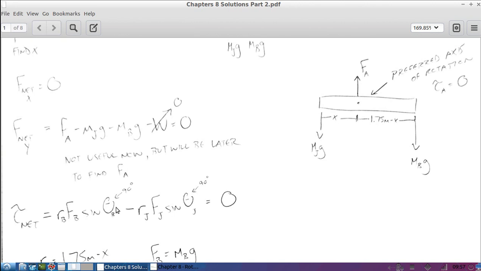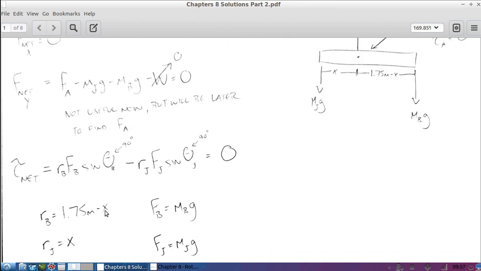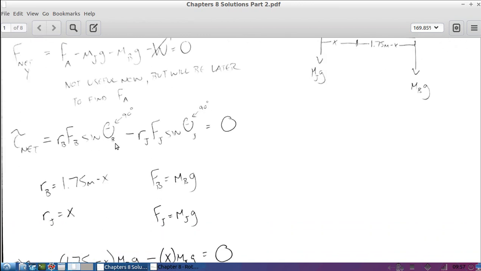So the angle between these two vectors in both cases is 90, and sine of 90 is 1. Again, we're getting kind of lucky here. These trig values are going away because these two vectors are perpendicular to each other.